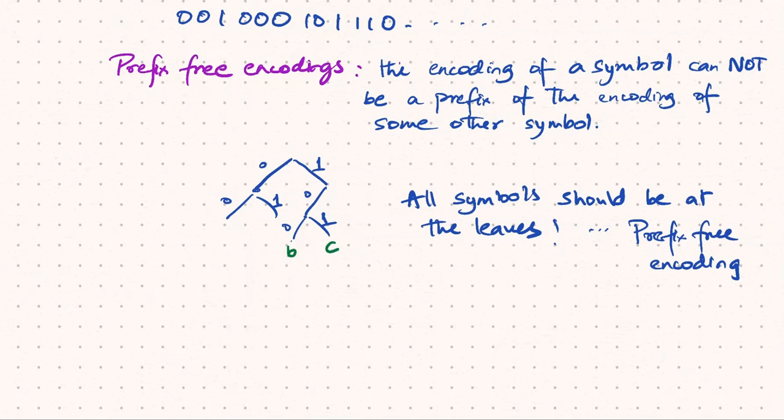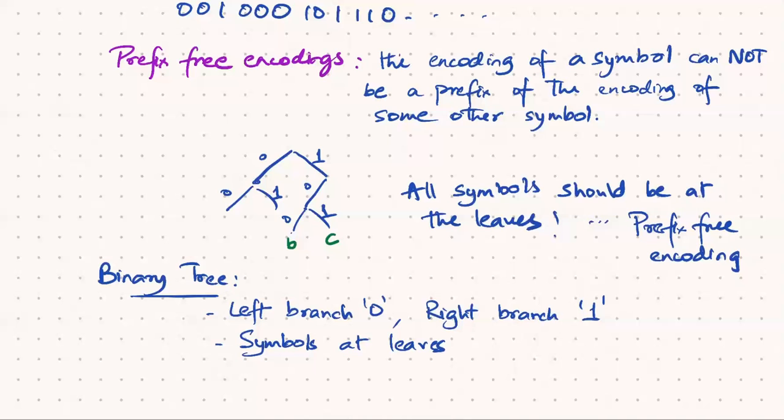I hope you see that this constraint, that all symbols should be at the leaves, will ensure that our encoding is indeed prefix free. So we have this binary tree that we are looking for, such that the left branch represents 0, the right branch represents 1, and we have symbols at the leaves.